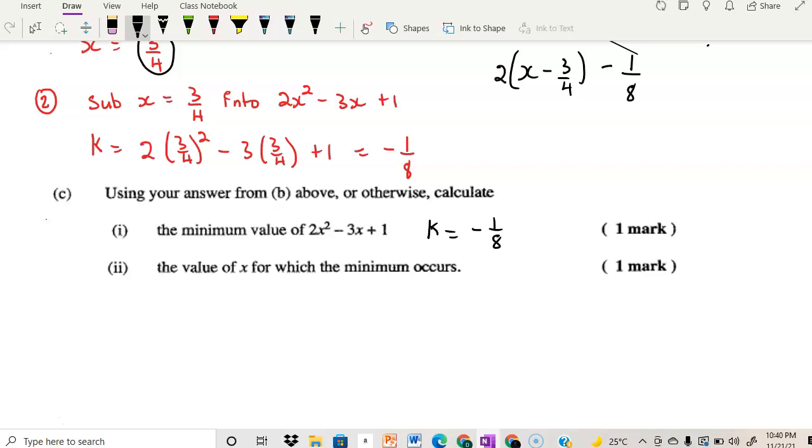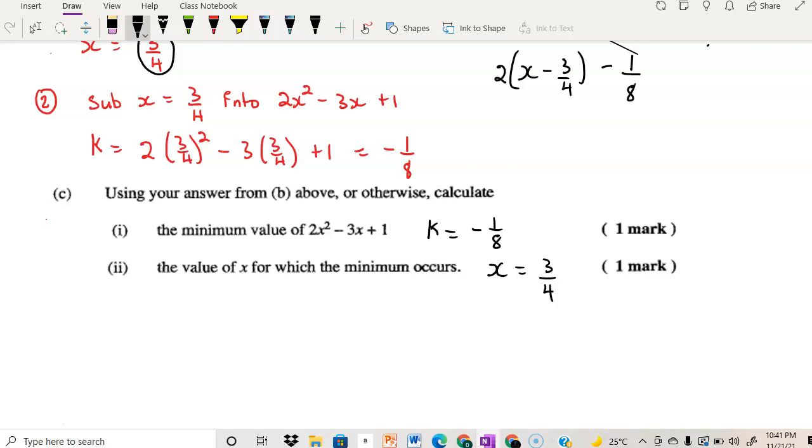Number 2, the value of x for which the minimum occurs. Guys, all they're asking you for is the axis of symmetry, and that is where x is equal to 3 over 4. It's that simple.